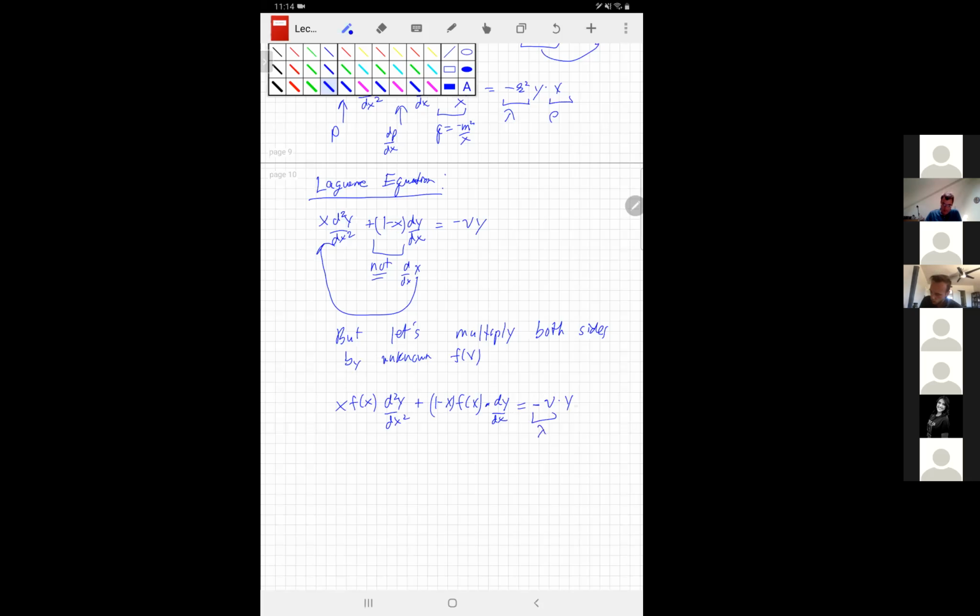Minus nu will be our lambda. Y is our function. Whatever f might be, that'll be our rho. That'll be what we have to weight things by when we're taking inner products. So x f of x equals P of x, and 1 minus x f of x equals dP dx.